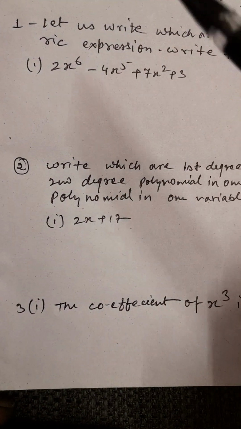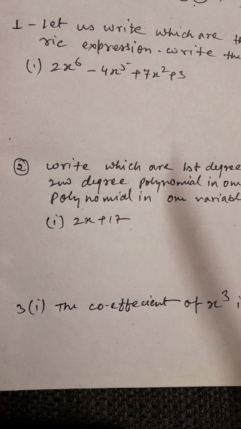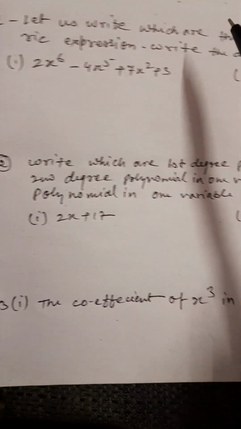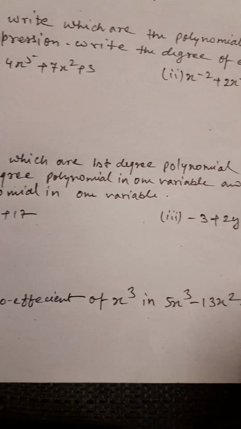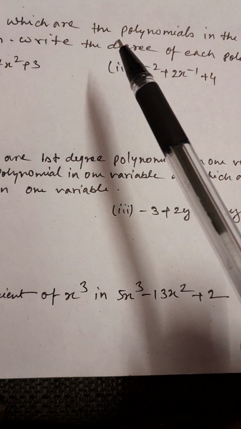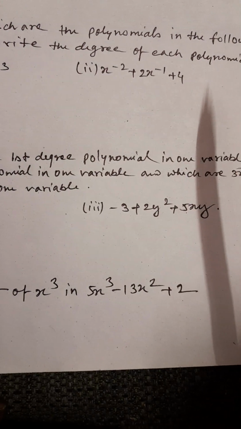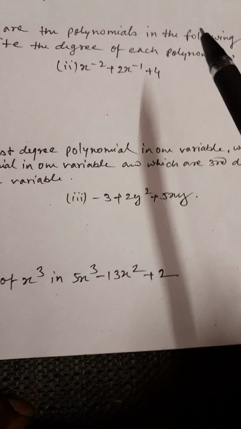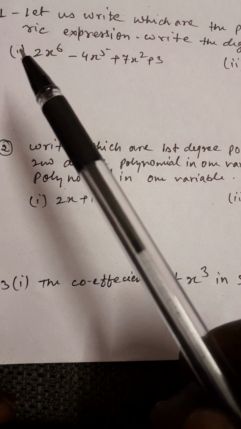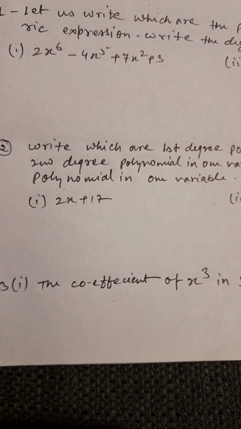In the first question we are asked to write which are the polynomials in the following algebraic expressions and write the degree of each of the polynomials. Means in each of these we have to find which are polynomial and write the degree.